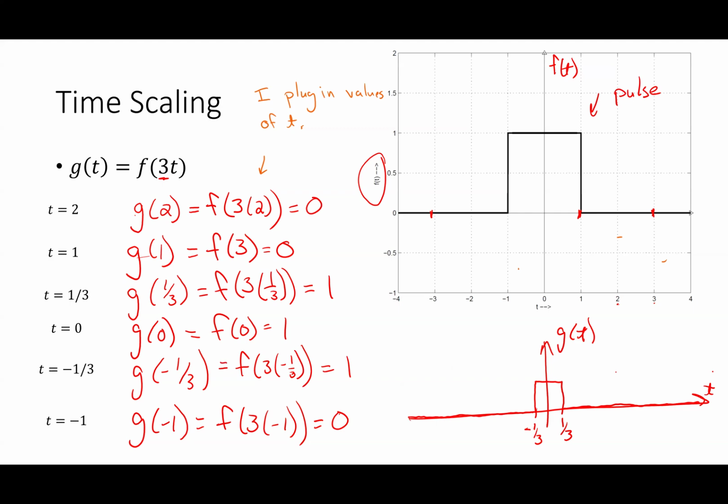So I compacted. It's 1/3 the size on the x-axis. What was at -1 moved to -1/3. What was at 1 moved to 1/3. So it's 1/3 the size. It hasn't changed its value on the y-axis at all, but it's compacted in time.